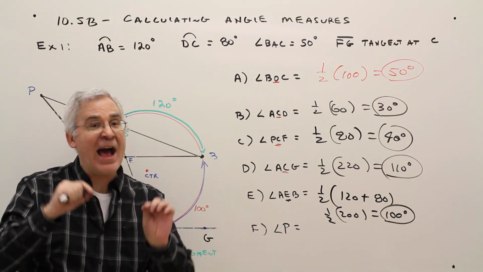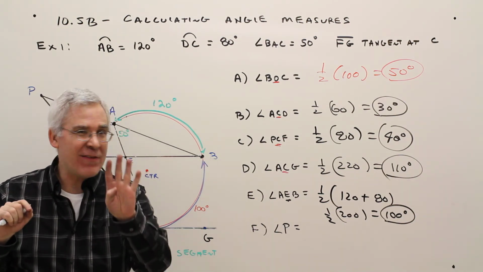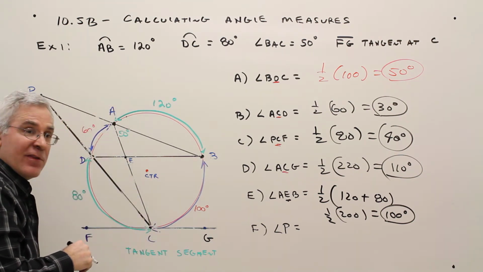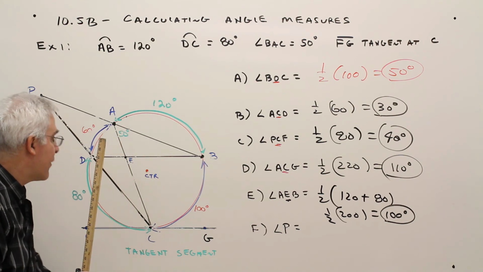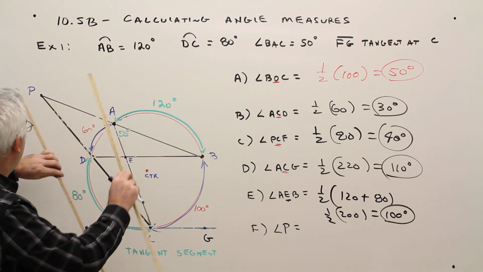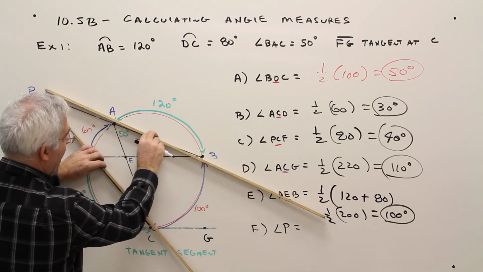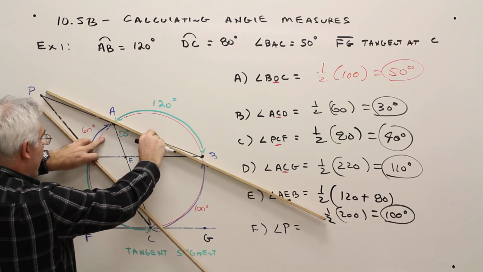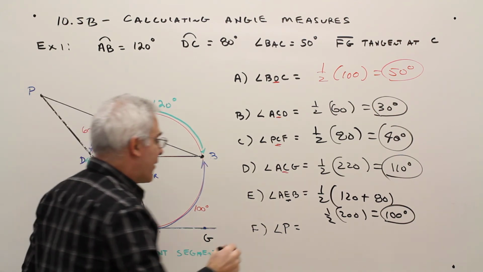Finally, angle P, that vertex is outside the circle, so that's going to be half difference. So you just have to memorize those general statements that we went over before. Half the difference of the intercepted arcs. So let's grab our pencils again, or rulers in this case. And the intercepted arcs would be this one of 100 and this one here of 60. And I'm going to subtract.